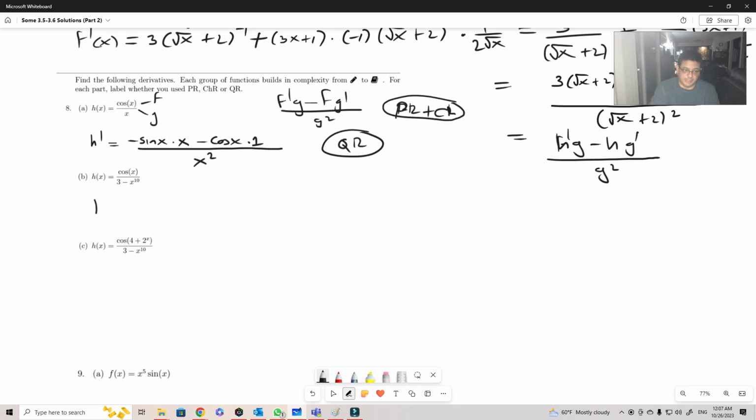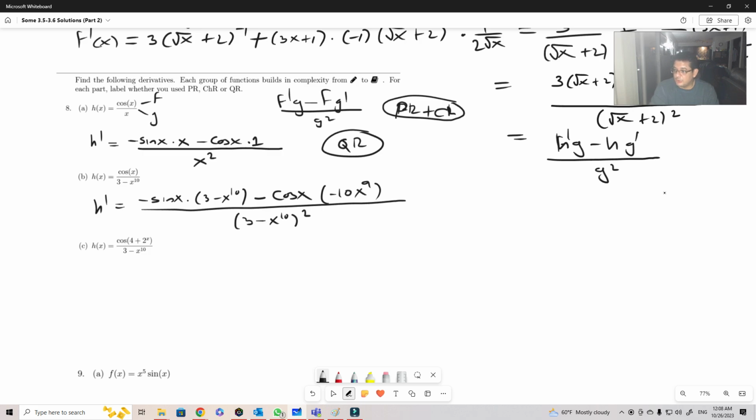Now if I apply the same quotient rule to this one, the derivative of cosine is minus sine times 3 minus x to the 10, then minus cosine, and the derivative of this is minus 10x to the 9, over 3 minus x to the 10 squared. Okay, you can probably simplify this a little bit, but this is a good point to stop as well.